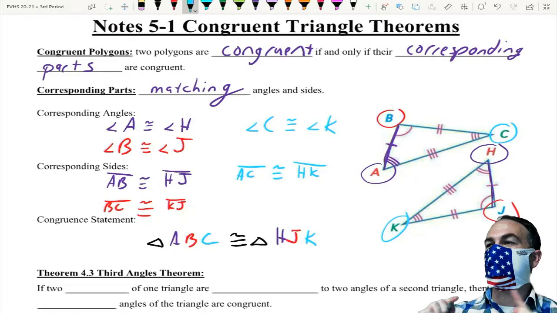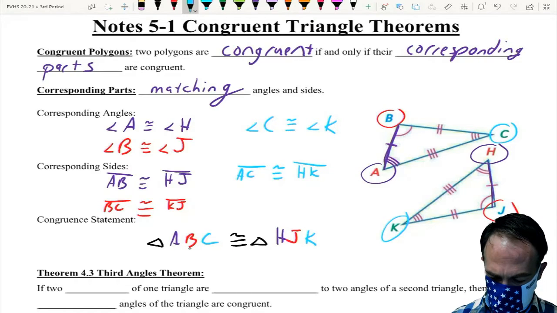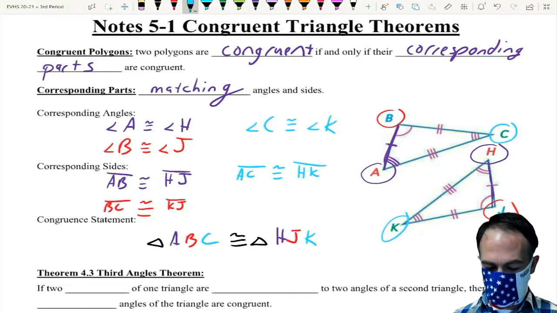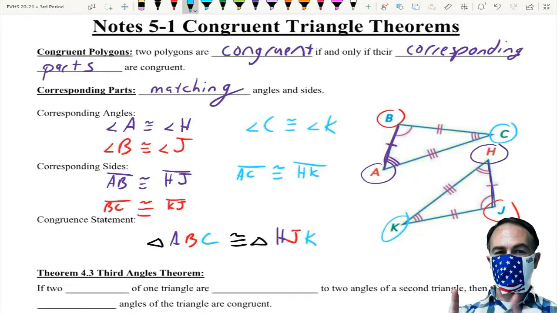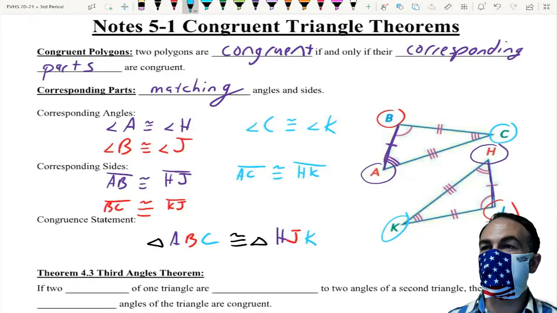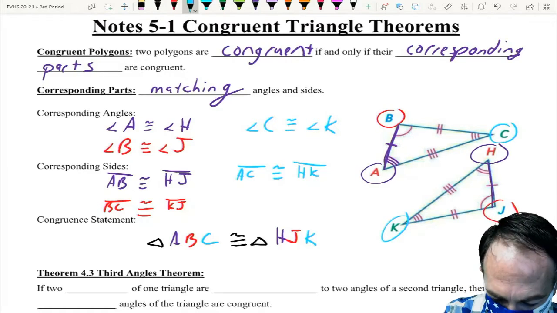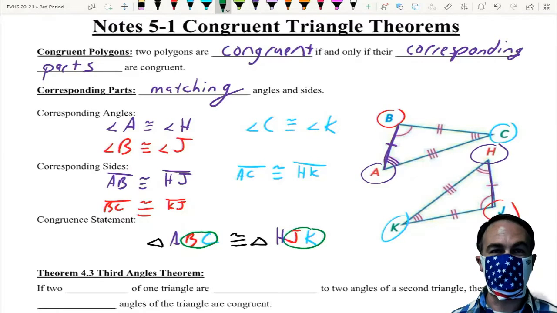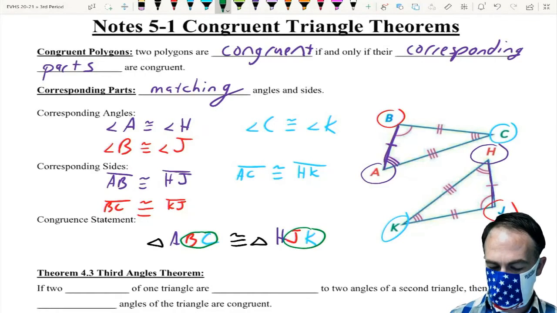Whenever I say triangle ABC is congruent to HJK, then you know for certain the things in the first positions are congruent, second positions are congruent, and third positions are congruent. Also, you can read side lengths off of this. I can say that BC is congruent to JK because it's position 2, 3 on both of those.